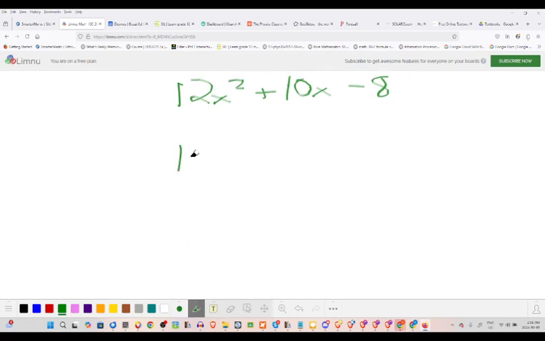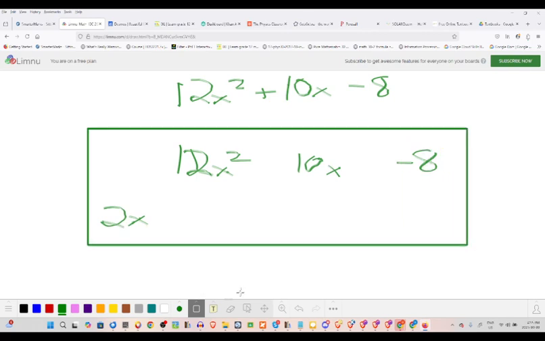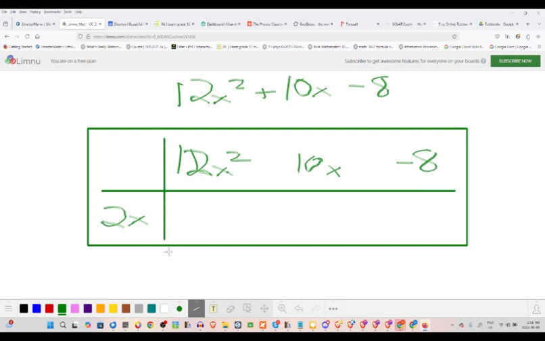So box method again. 12x squared, 10x minus 8. This time our only other number is 2x. So with this, I'm actually only going to draw those lines.